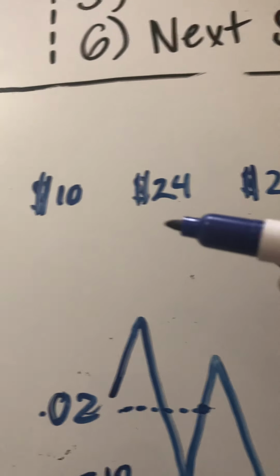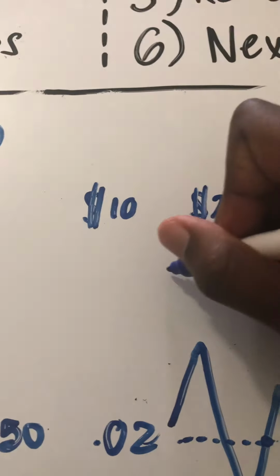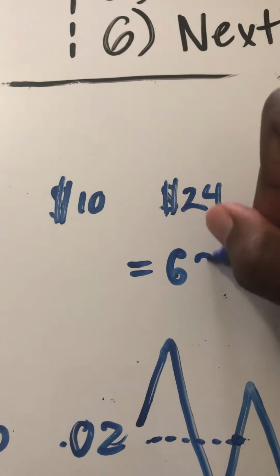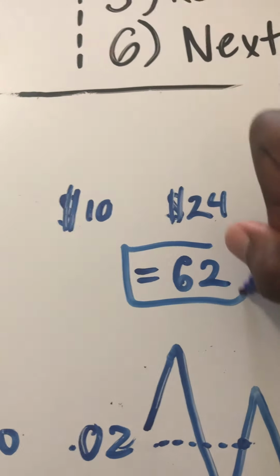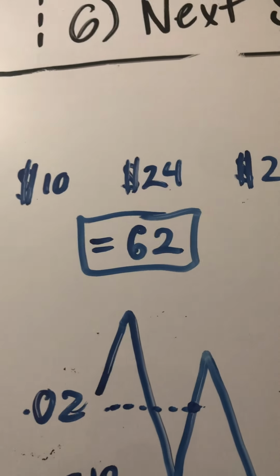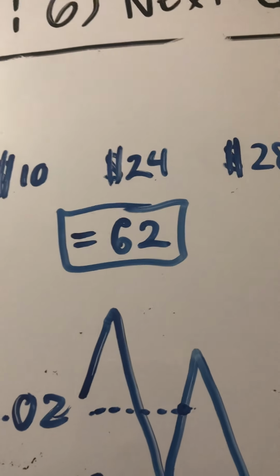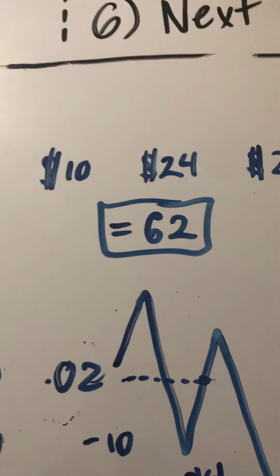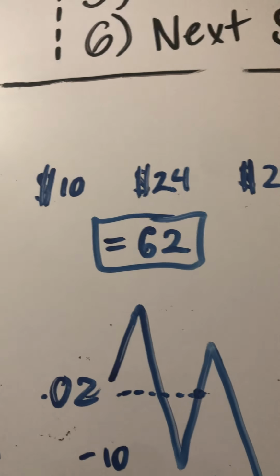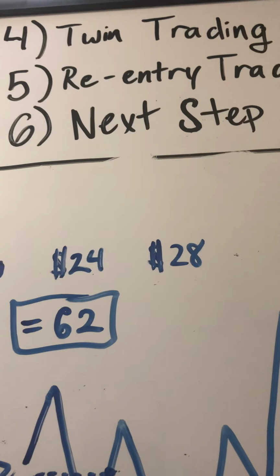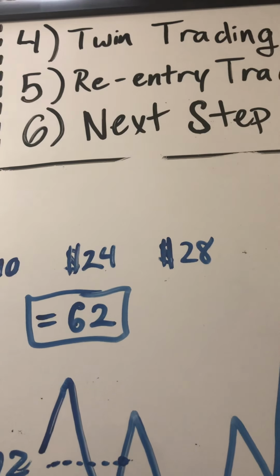And in total, all these entries combined are going to equal $62. So at the end of the day, instead of making $50, you made $62 just because of your re-entry points.